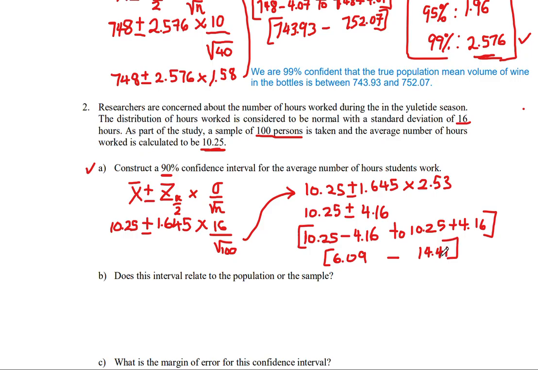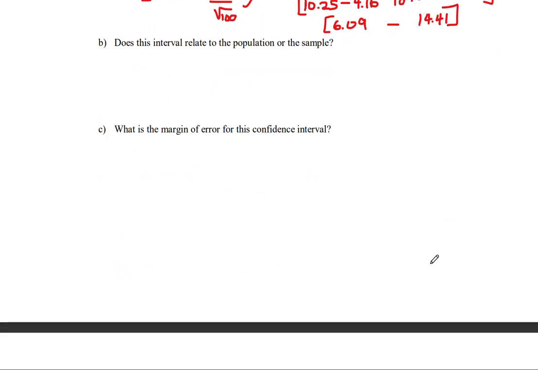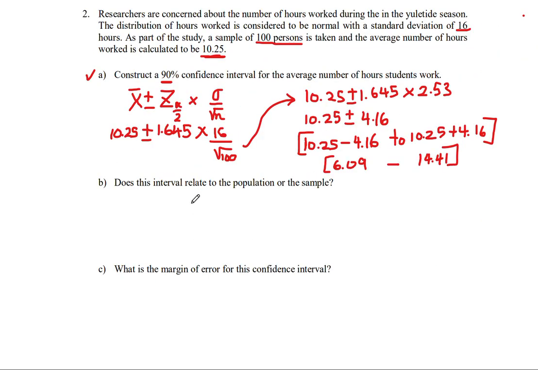So we are 90% confident that the true population mean number of hours worked during the Christmas season is between 6.09 hours and 14.41 hours. That would be our interpretation. I will write that formally as well. But the question may be asked, does this interval relate to the population or to the sample?